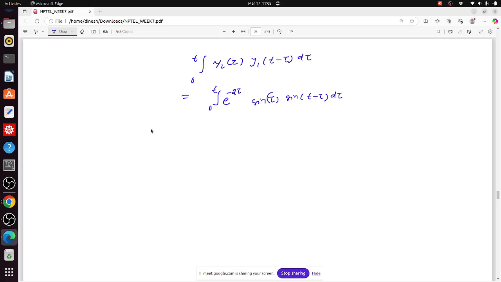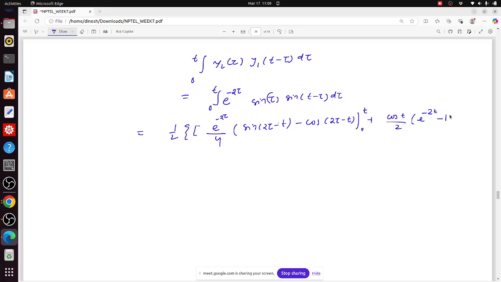After the integration, you will get 1 by 2 e power minus 2 tau by 4 into sine of 2 tau minus t minus cos 2 tau minus t, from 0 to t, plus cos t by 2 into e power minus 2t minus 1.